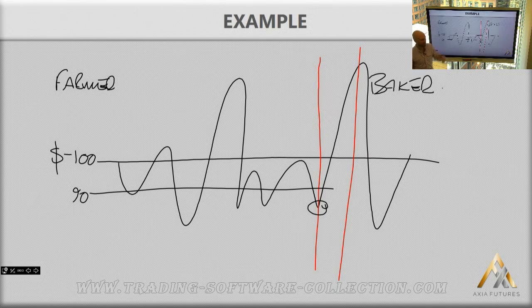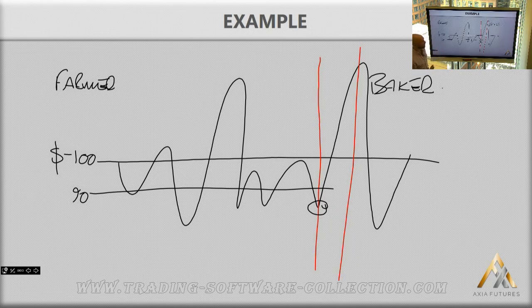So that's why they'll be quite happy to sell it at 100 and lock that in. The baker, on the other hand, is naturally short, so they're going to want to buy it at lower prices to guarantee their cost of production going forward.